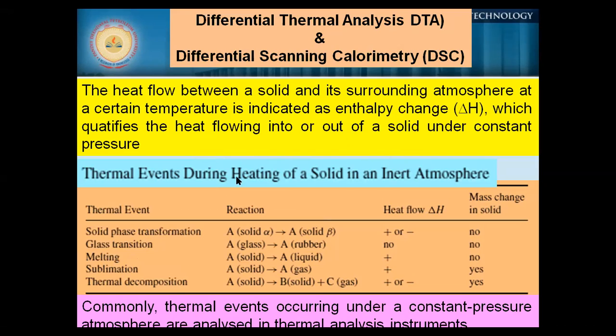So when we are giving heat input to a system, the enthalpy will change, and accordingly the solid phase will transform. A solid phase alpha can change to a solid beta with a different structural configuration. It can transform to a glass material. The solid can melt also, and then it can evaporate, or it can show sublimation, or it may experience thermal decomposition.